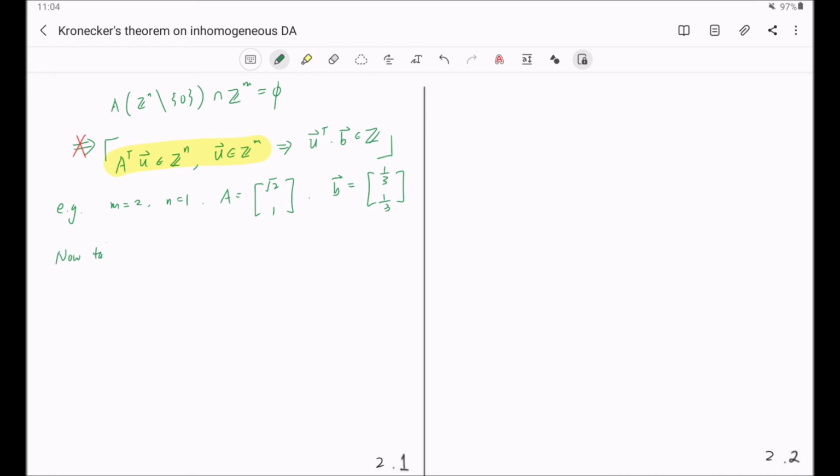Now take U to be the vector 0, 1 in Z2. It follows that ATU is 0, which is an integer.